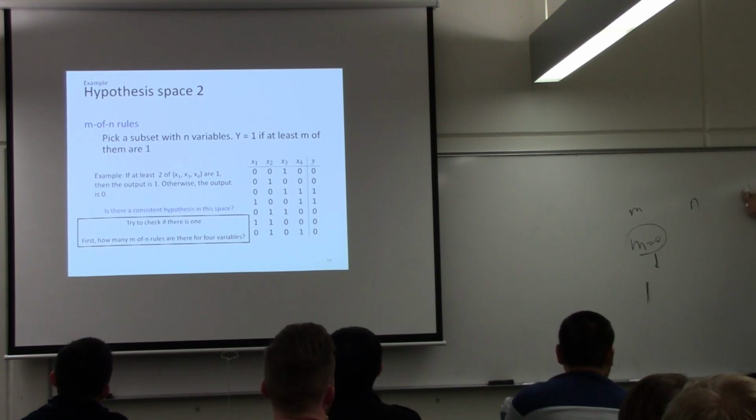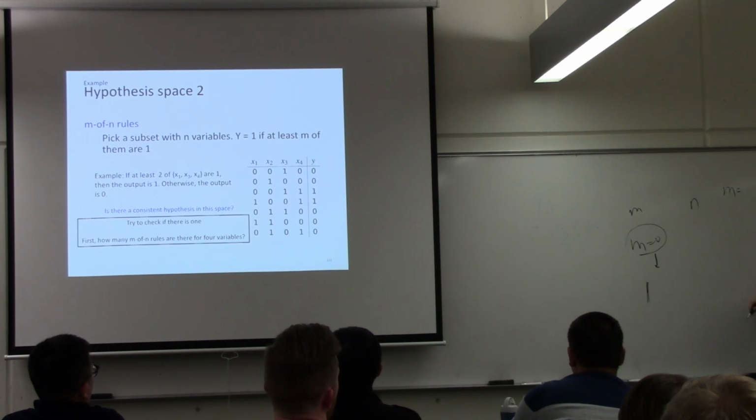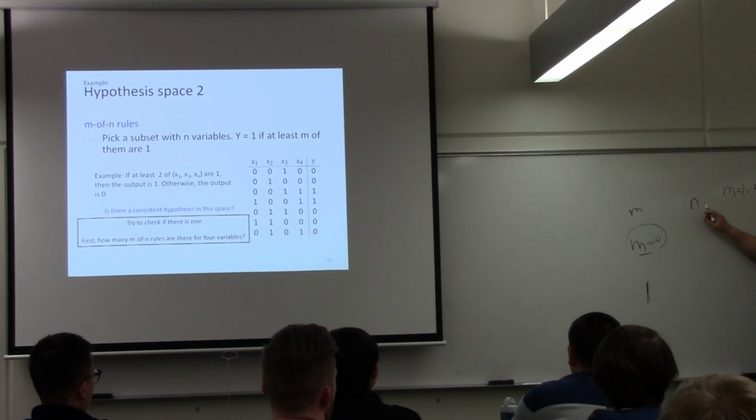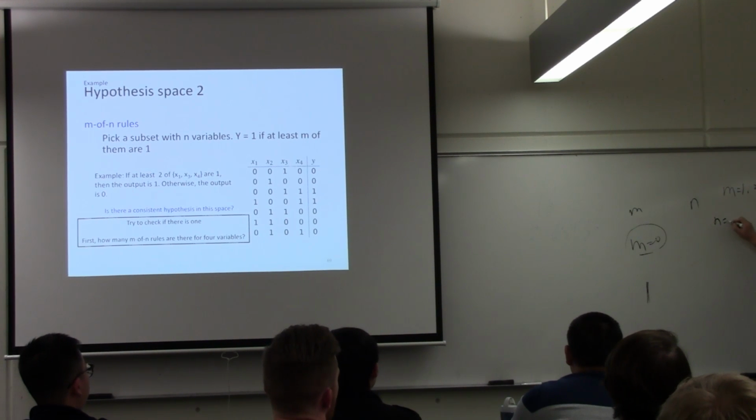So here, we specify that m can choose from 1 to n, right? Then for our 4 variable case, how can we choose n? n can be 1, n can be 2, n can be 3, n can be 4, right? And how many choices of the n variables?